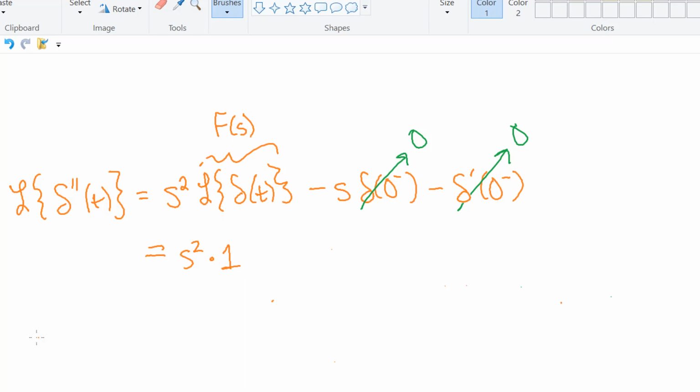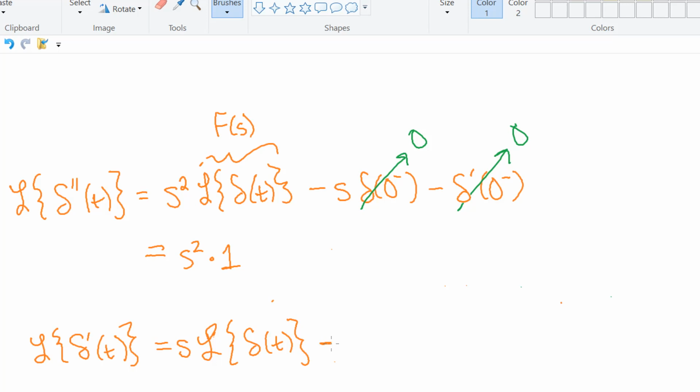And we could do the same thing for the first derivative. So remember, the power of s matches the derivative you're taking. Second derivative, second power of s. First derivative, first power of s. Of the original. Power of s goes down by 1, so now there's no s. And then the derivative goes up by 1.